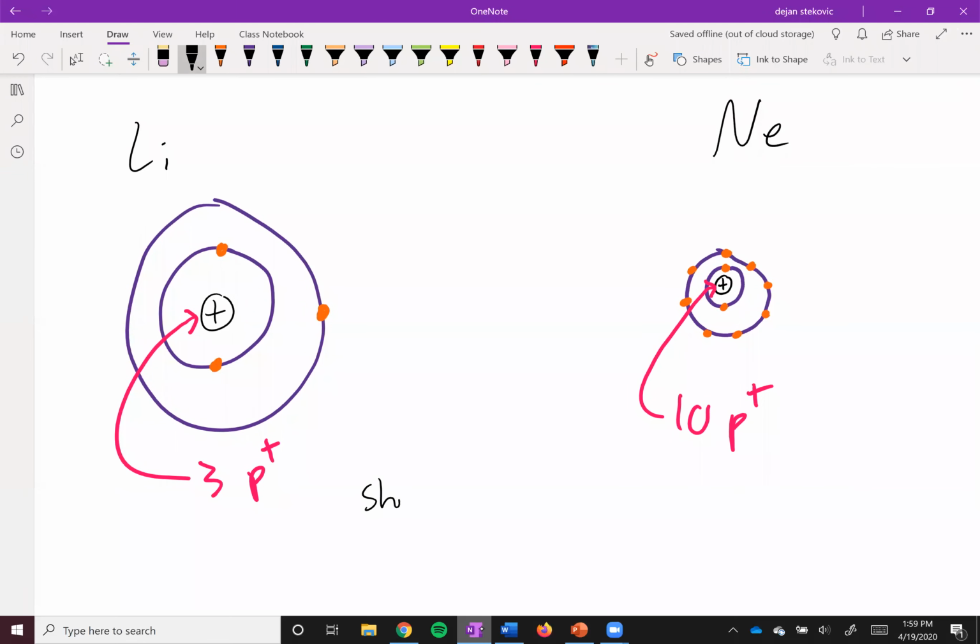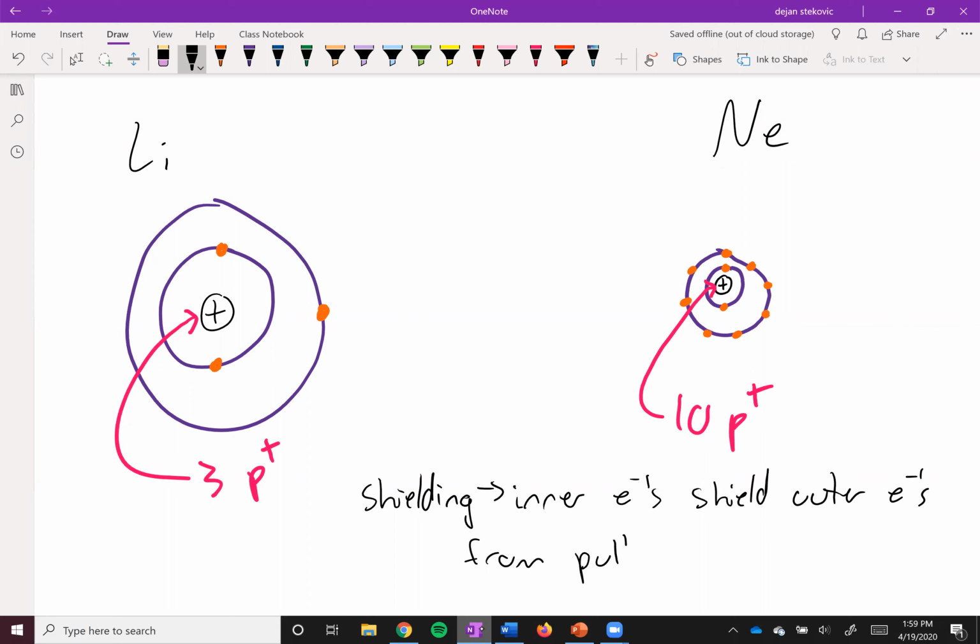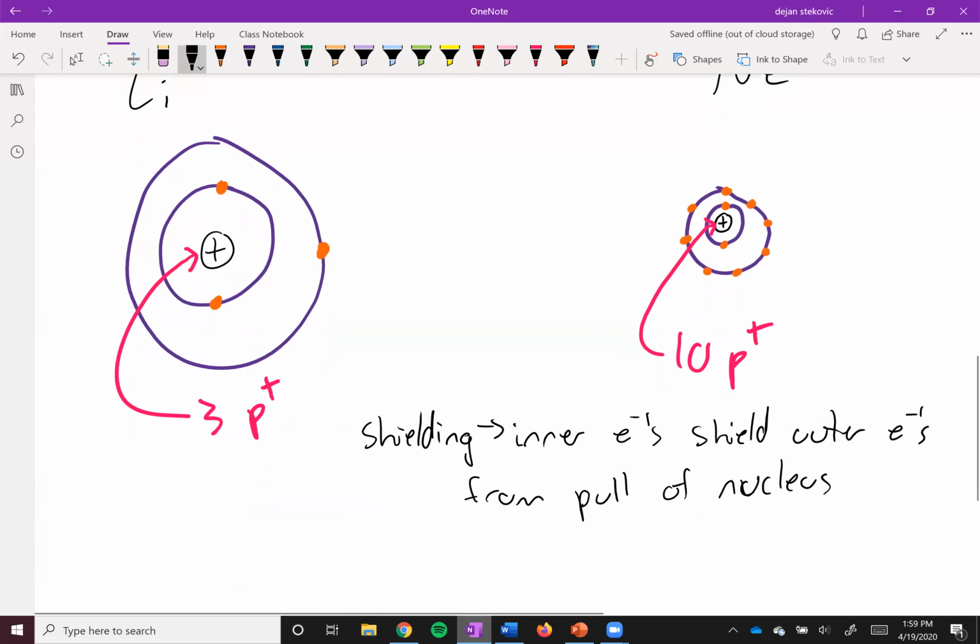We learned about shielding. When we learned about shielding, what we said was that inner electrons shield outer electrons from the pull of the nucleus. Right, but only if they're in a lower n. So they only shield when they're in a lower n.